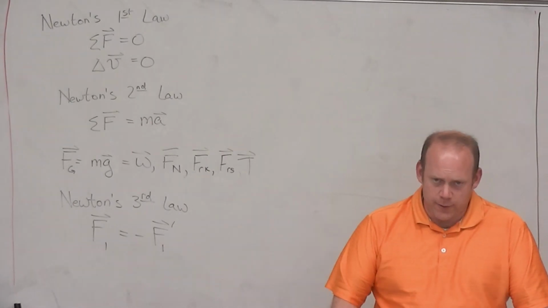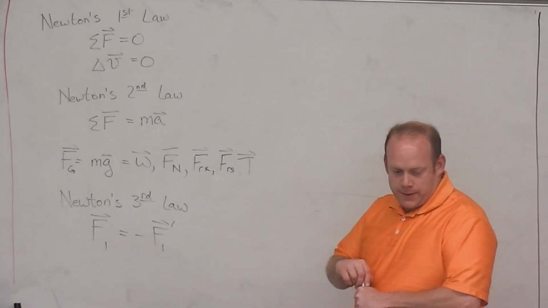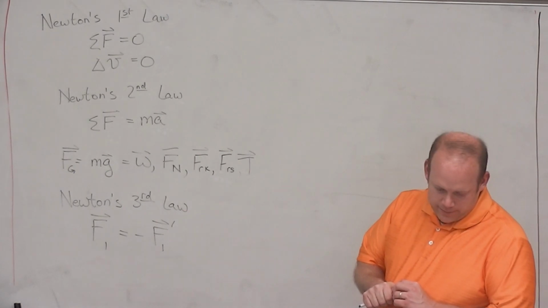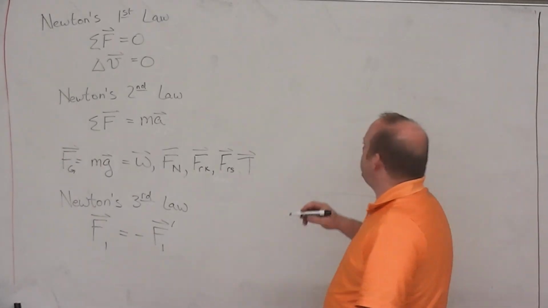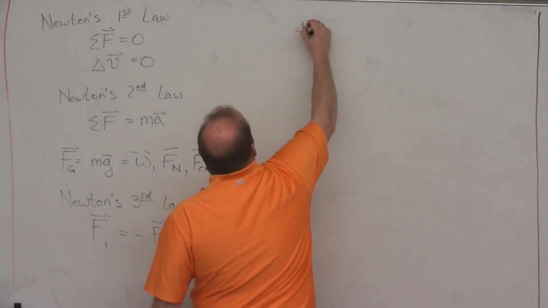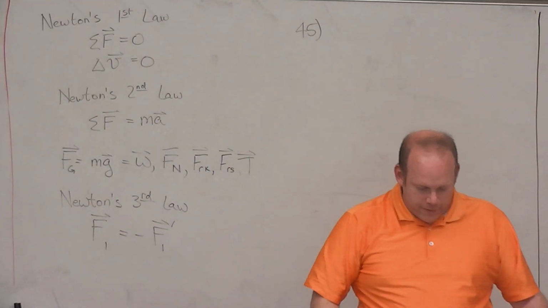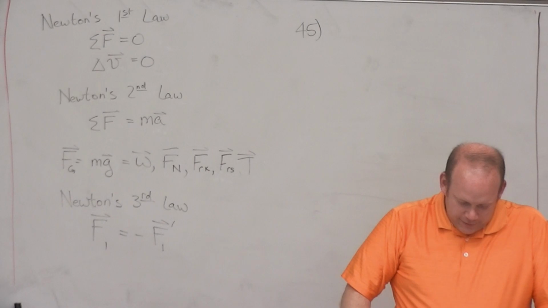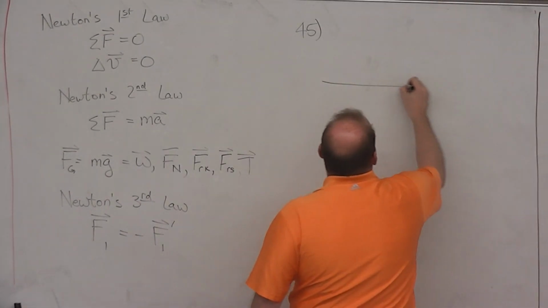All right, so now when we do a problem, the first problem I'm going to do is from number 45 in your book. I can't believe I didn't give you number 49. So this is number 45 in your book. Actually, I'm going to give you number 40 as well. I love the monkey. All right, so now what I have are three masses with three tensions.